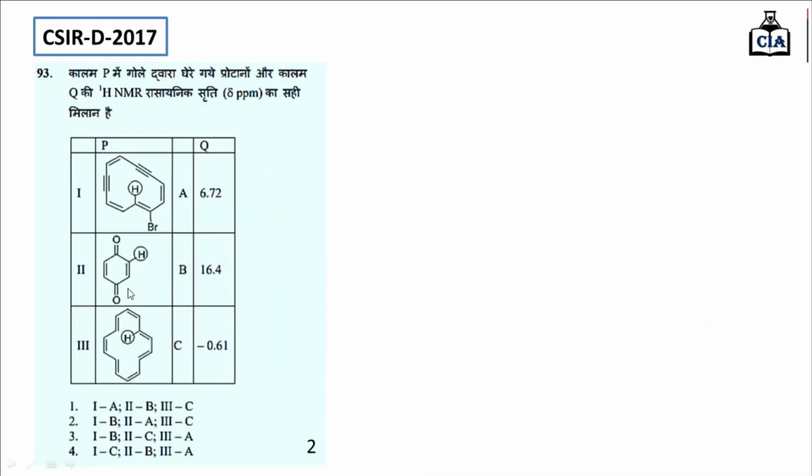Now next question from CSIR December 2017. In this question we have to match the chemical shift value with the protons. This proton first is due to this alkyne group. This has two types of region: the positive region indicates de-shielding, and the negative region indicates the shielding region.